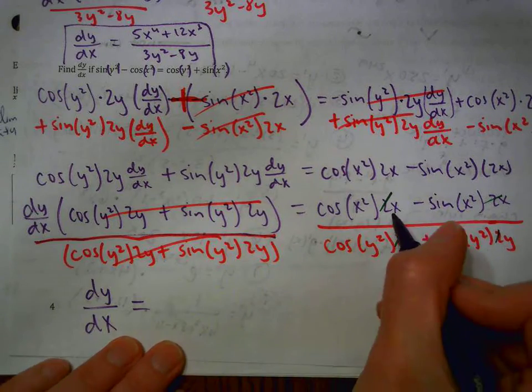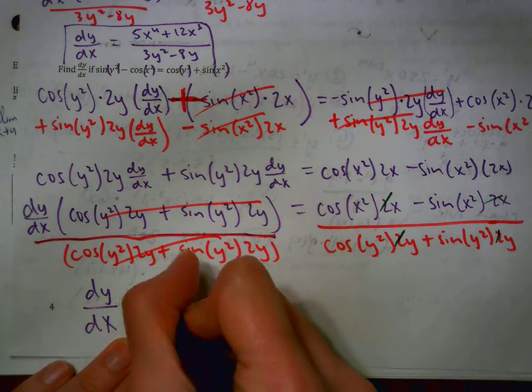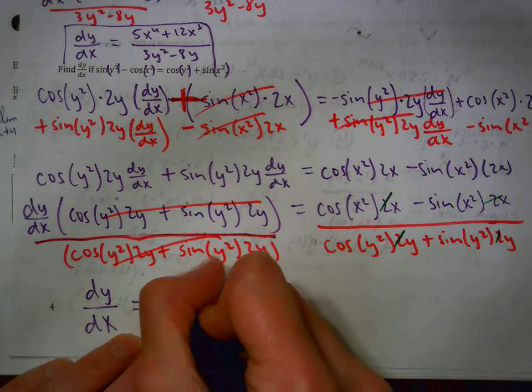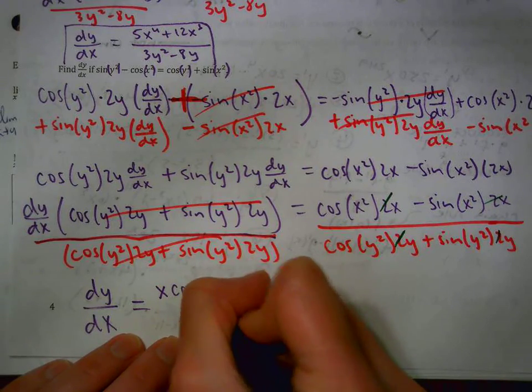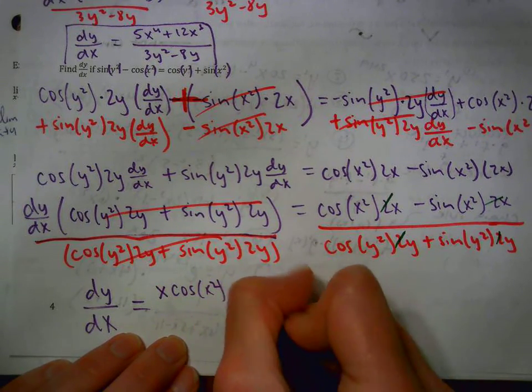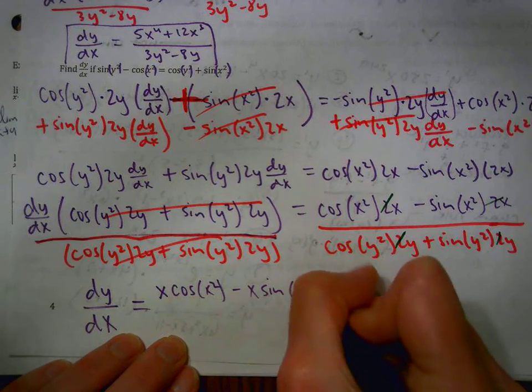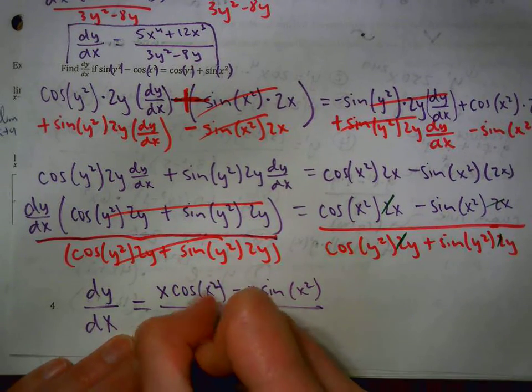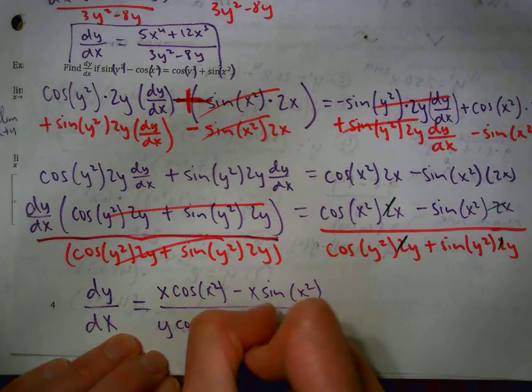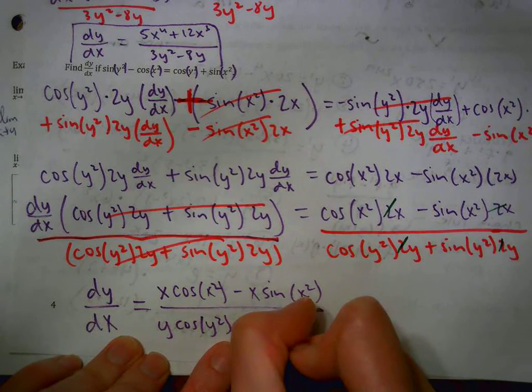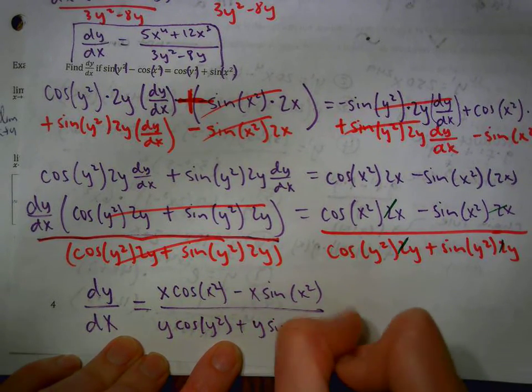I'm also going to move these x's and y's to the front just because it looks more normal. So that's left with x cosine x squared minus x sine x squared divided by y cosine y squared plus y sine y squared.